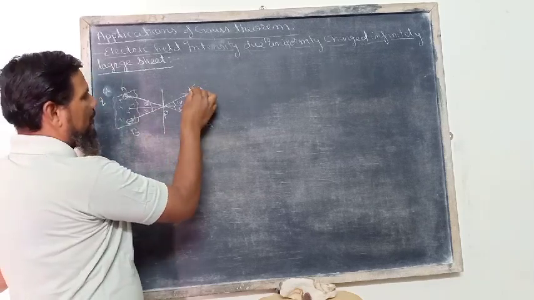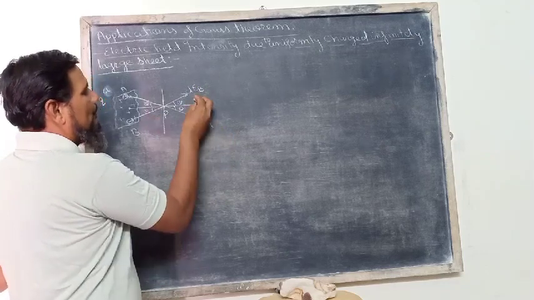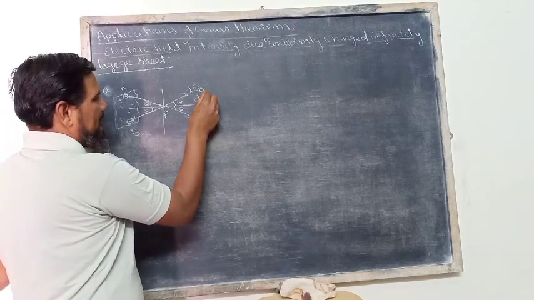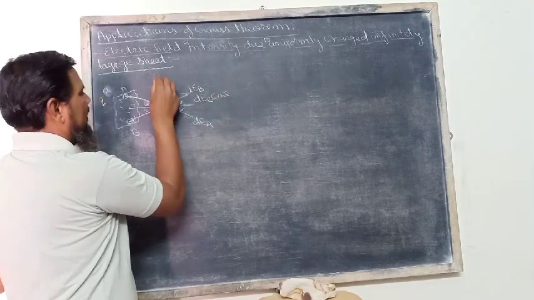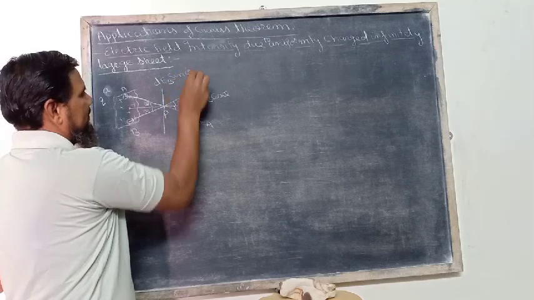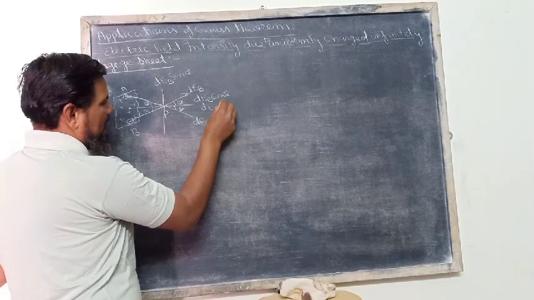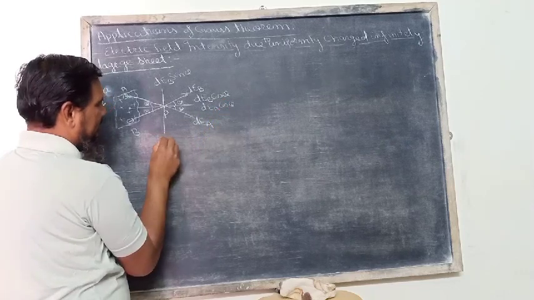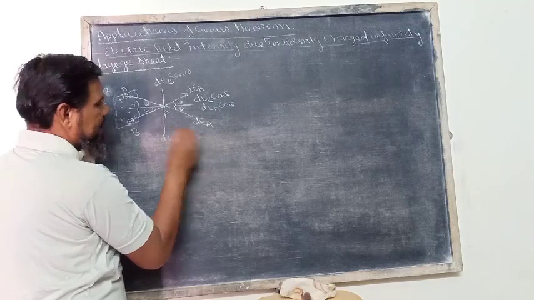Now we resolve DEB and DEA into their components. Here we obtain DEB cos theta and DEB sin theta, and DEA cos theta and DEA sin theta.